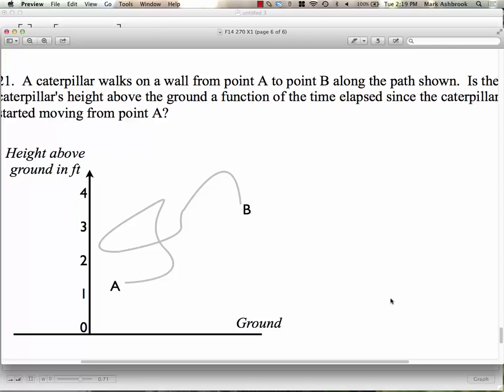Remember what it means for two quantities to have a function relationship? Chris, do you remember? Raymond, what does it mean for two quantities to be in a function relationship? Not really. Okay, let's see who else.